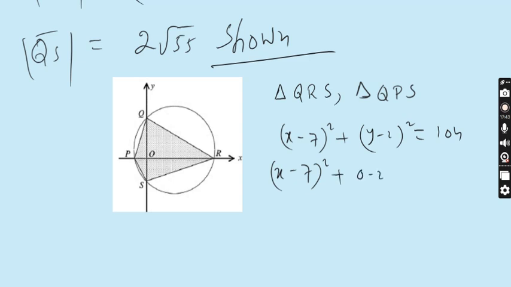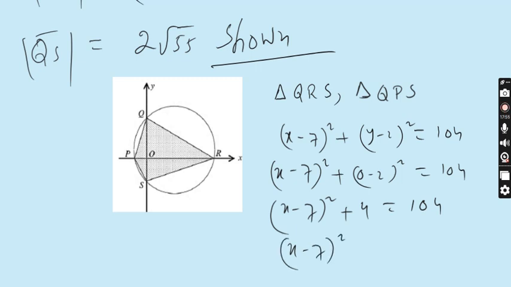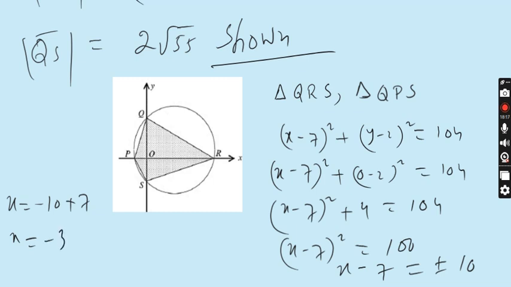So (0 minus 2) whole square is equal to 104. 2 square is 4. 104 minus 4 is 100. x minus 7 is plus minus 10, and x is equal to minus 10 plus 7, x is equal to minus 3, because P lies on the negative x-axis.